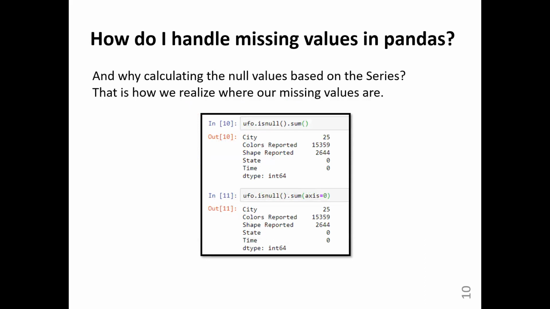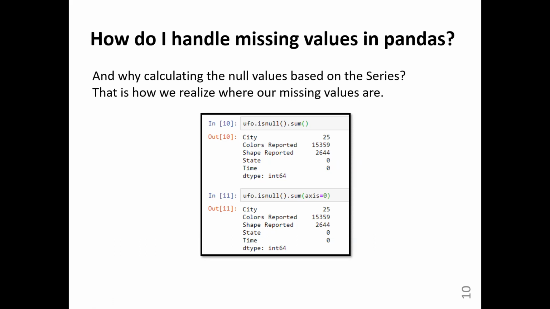How about this? If you say sum for isnull, it's going to calculate every single null value in each of those columns. Guys, we have columns city, colors reported, states reported, state and time, right?